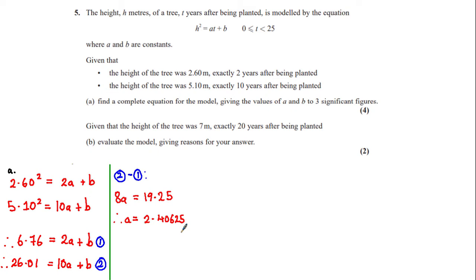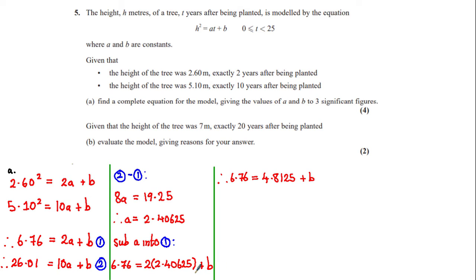2.40625. It's important we don't yet round to 3 significant figures, as we need to find the complete values of a and b first. So we can then substitute a into any of these equations. I'm going to substitute into equation 1, and we get the following: 6.76 is equal to 2 times 2.40625, which is our value for a, plus b.